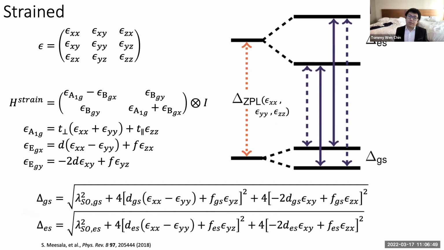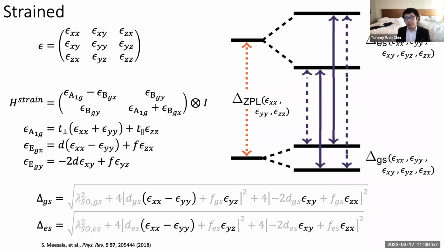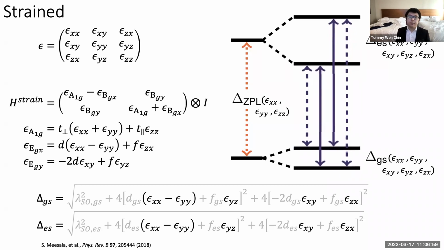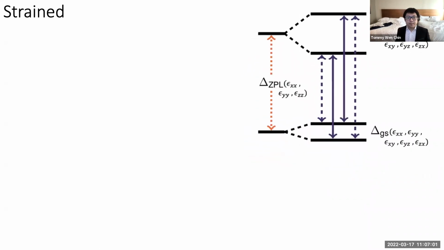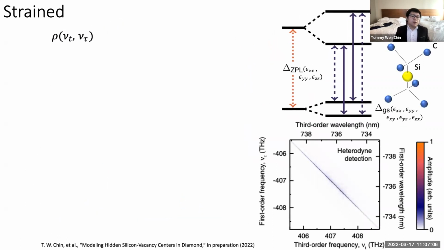They also derive delta GS and ES in terms of the strain components, and likewise, by varying the strain, we can vary each of these 2 splittings. Now, this leads to the result where our density matrix element is a function of the strain components.